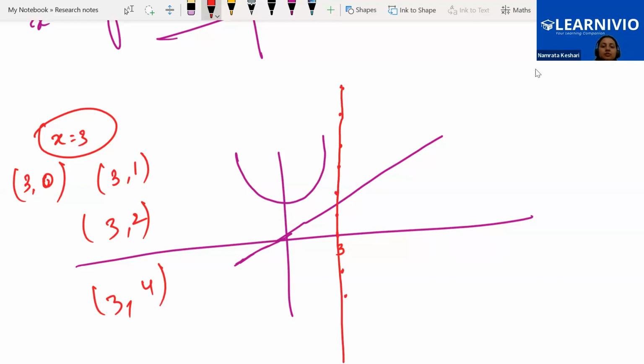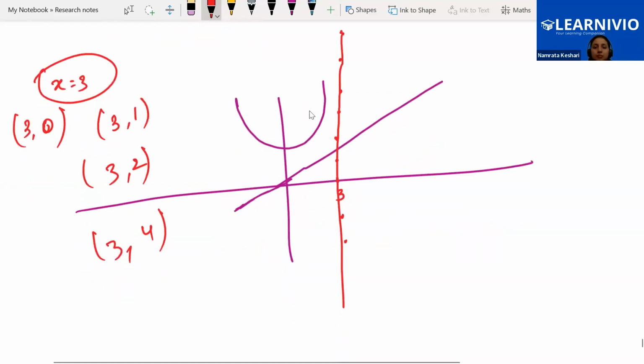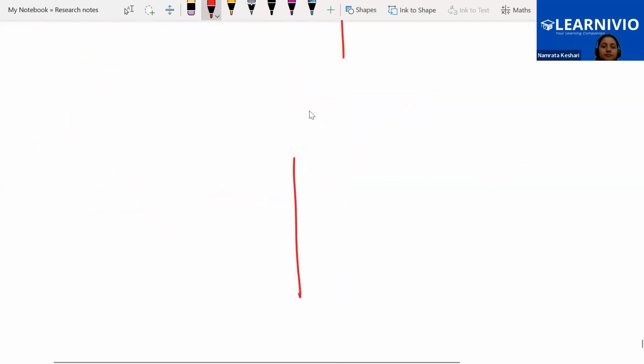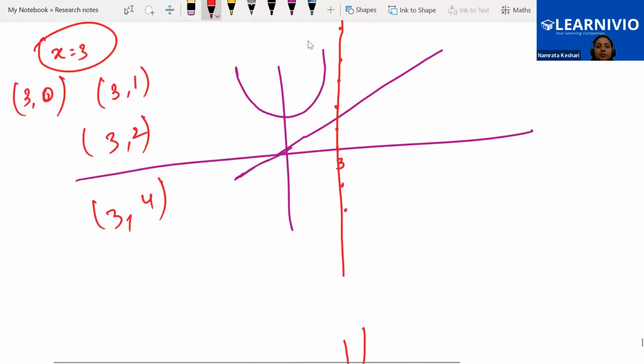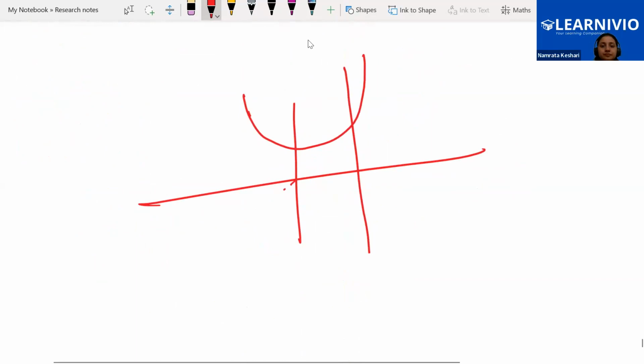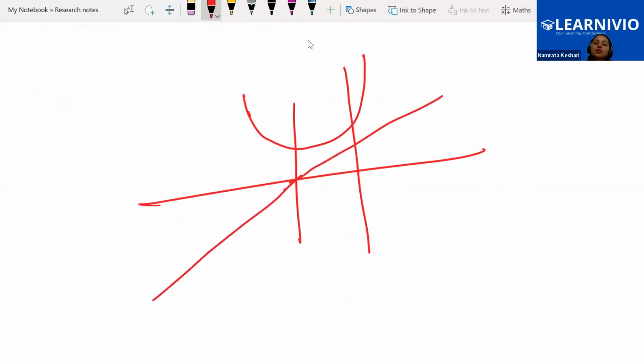Okay, when x equals 3, it's a vertical line. Now the graph must look like this, and y equals x is there. This is how our graph will look.